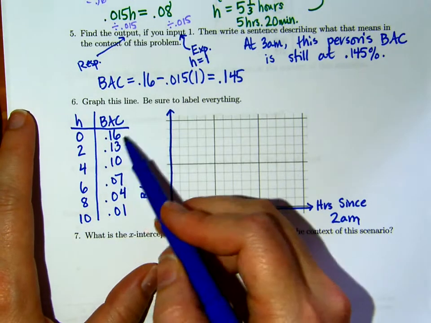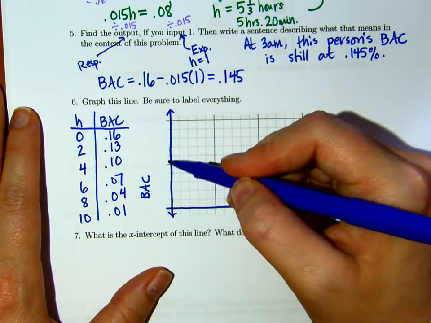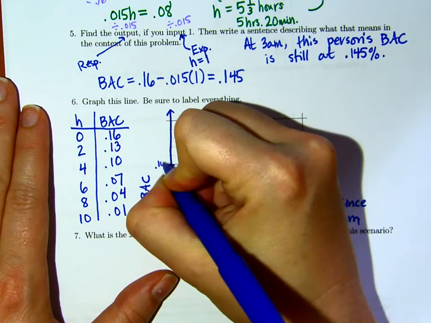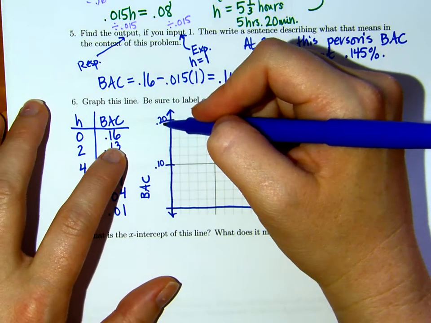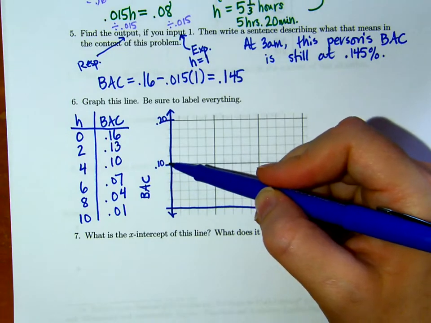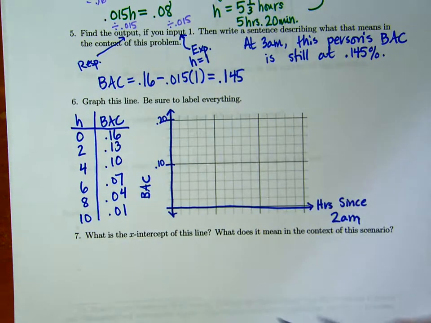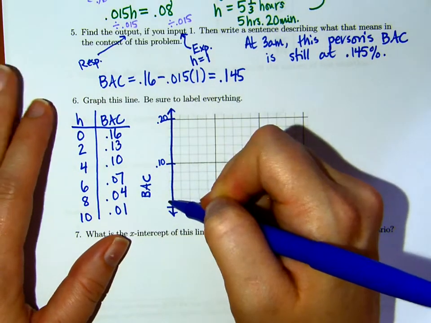I need it to go up to at least 0.16. And I think these go by 5s, so maybe make this 0.10, 0.20. That way I have enough. And I think this is going to count by twos. 2, 4, 6, 8, 10, 12, 14, 16, 18, 20. Yeah, that'll do. So these are all counting by 0.02s.